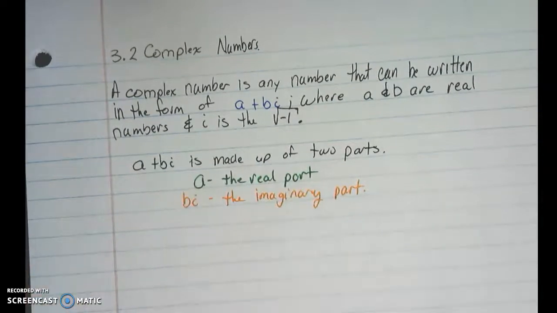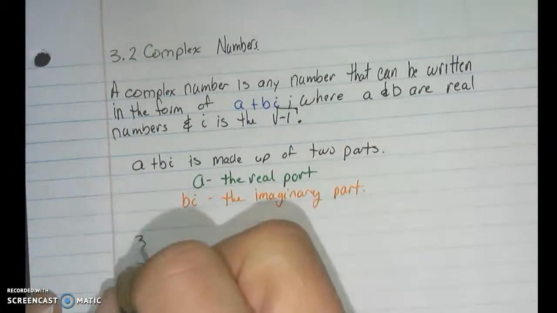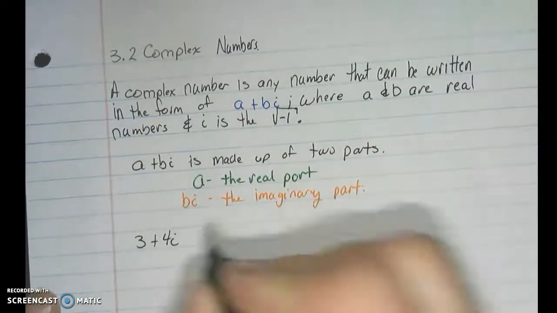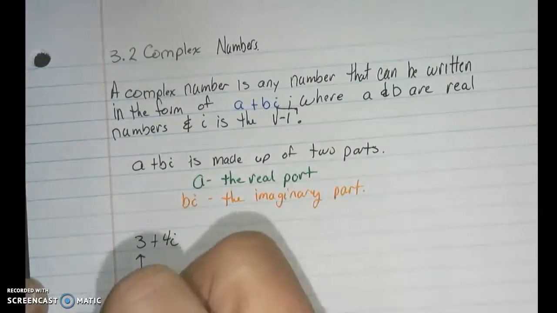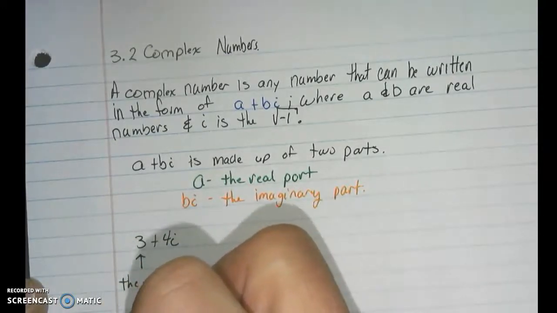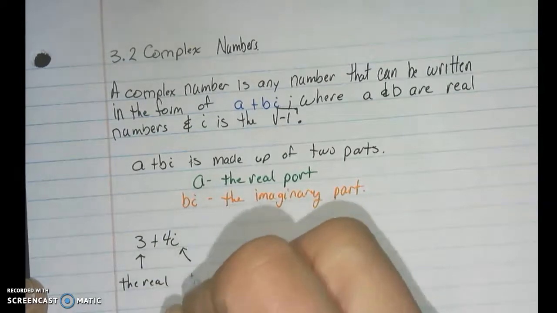A is the real part, and bi is the imaginary part because, of course, it's got the i with it, okay? So what we have is stuff like this. So we've got 3 plus 4i, and so that's the real, and this is imaginary.